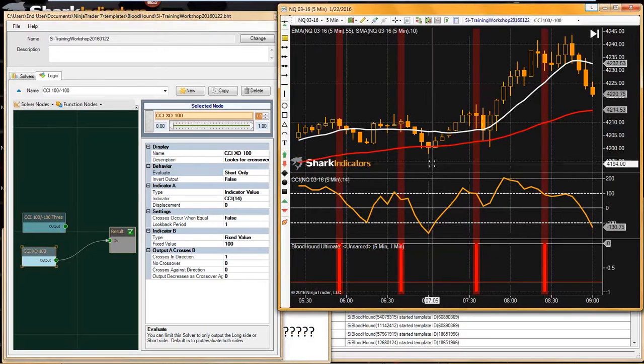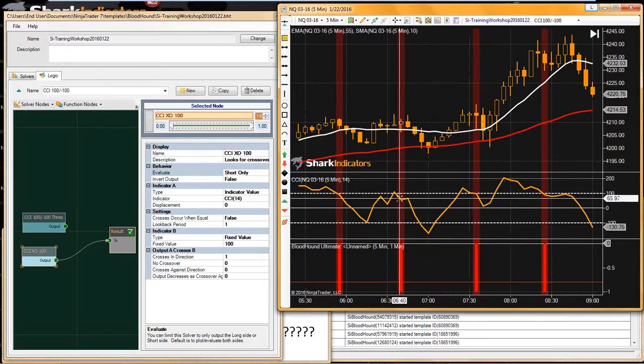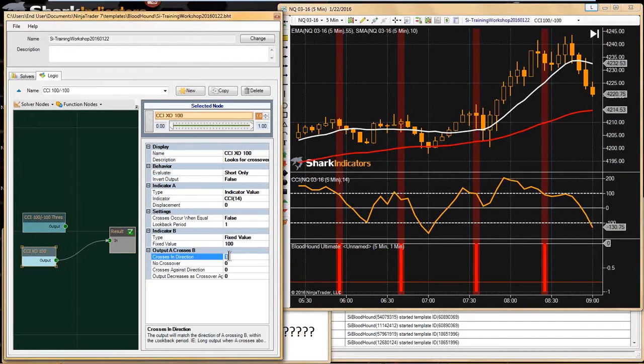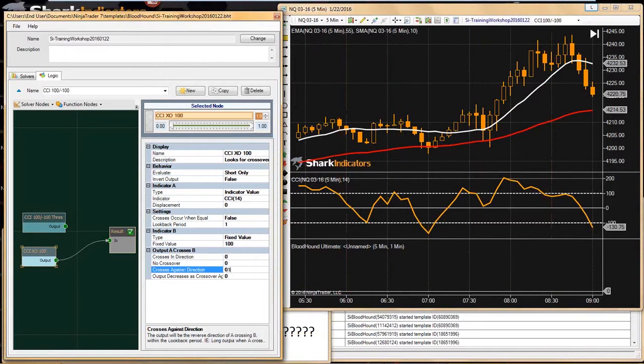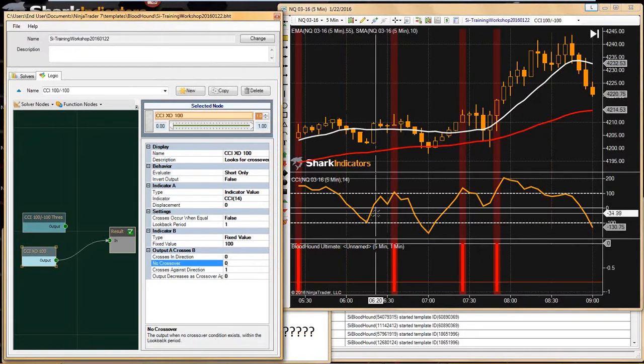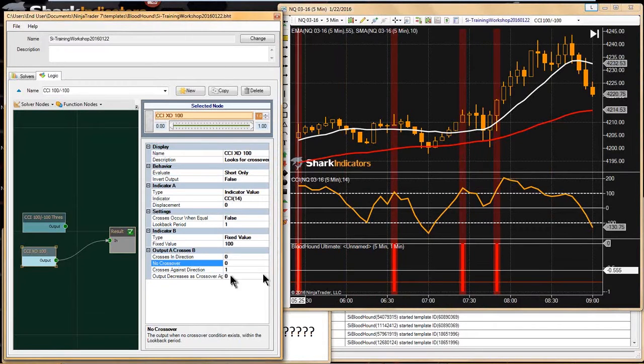So there we go. So now this is only giving us the sell signal for the CCI and the positive 100 value. So now you just have to decide, which crossing do you want? Do you want the crossing above 100 or the crossing below 100?